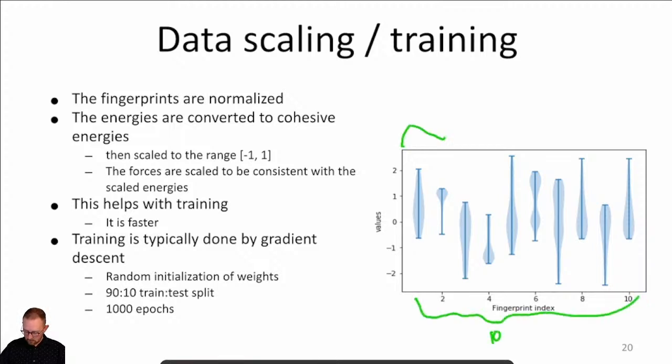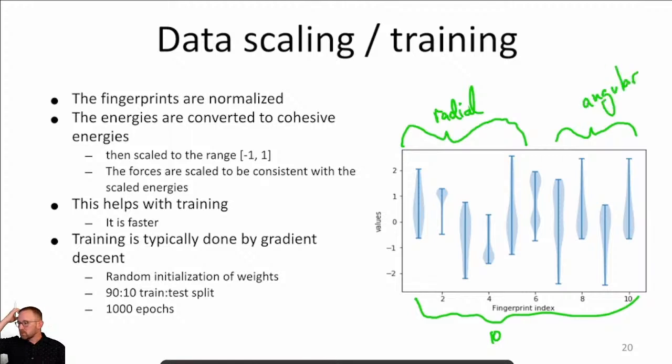I think these ones are radial, and these ones are angular. It's not super critical what these details are, but these are violin plots of the 200 different training points that we use.